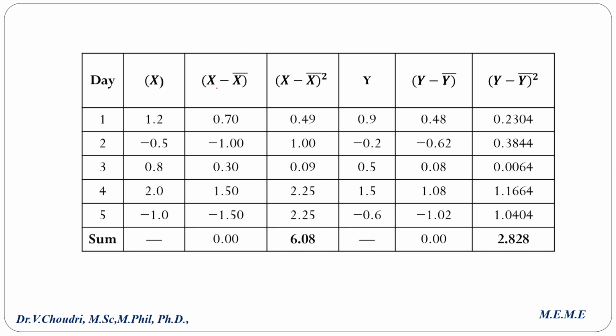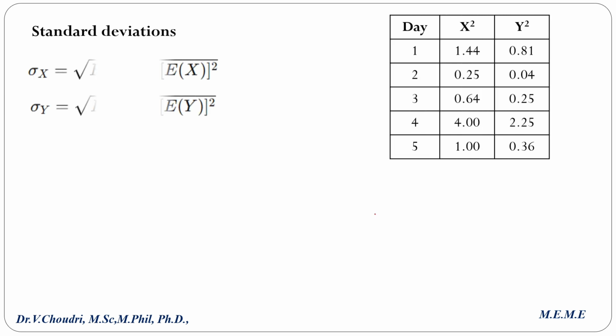This is done by X minus X bar, X minus X bar whole square, and Y minus Y bar whole square. We may get the sample standard deviation. Now we may use this data, or better we go along with the formula. Sigma X equals the square root of expectation of X square minus E of X whole square. Sigma Y equals the square root of expectation of Y square minus E of Y whole square.